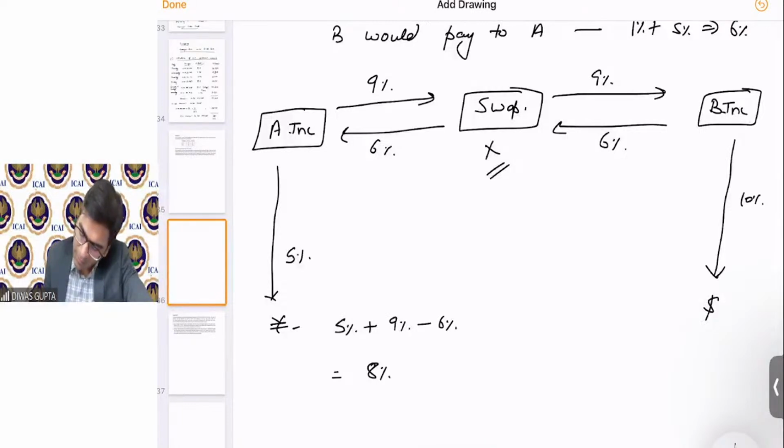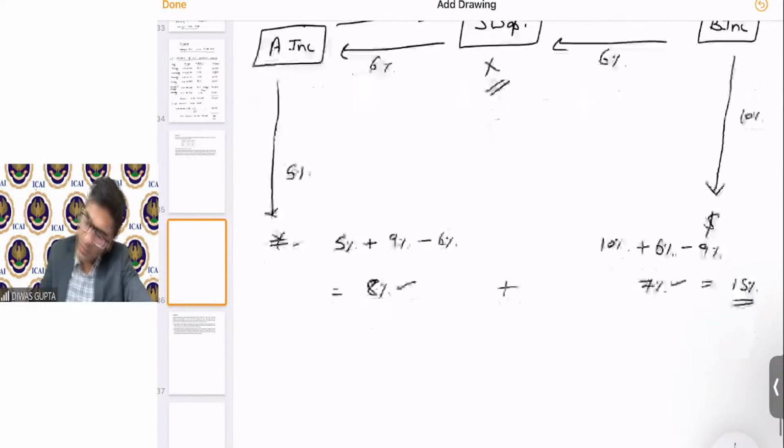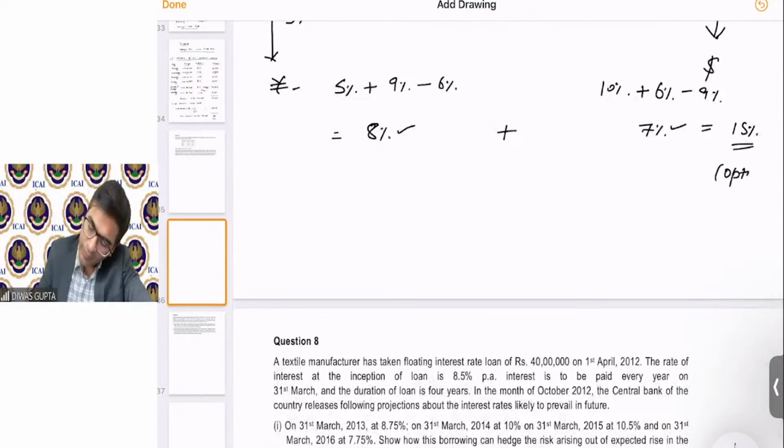Similarly, for B, B will pay 10% for the original borrowing, plus will pay 6%, minus will receive 9%. 10 plus 6, 16 minus 9, 7. So 8 effective cost for A, 7 effective cost for B comes out to 15%, which is our option 2 cost. Okay.